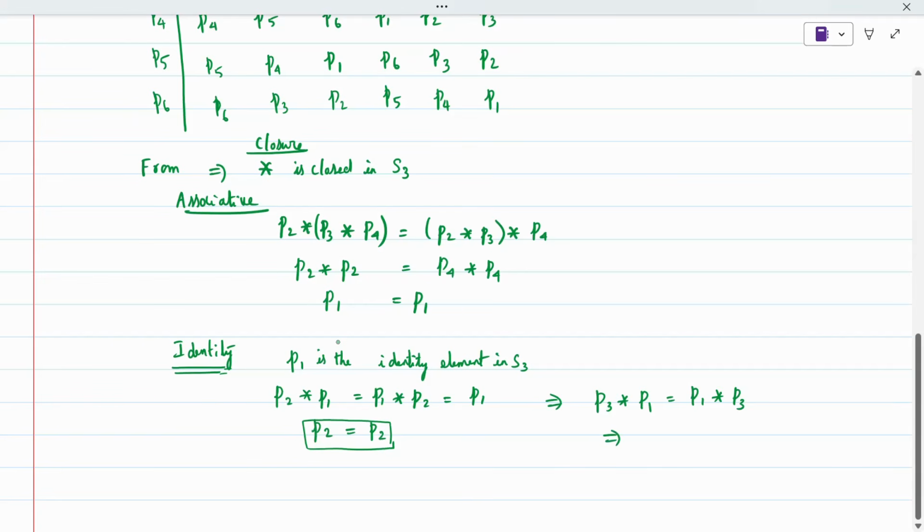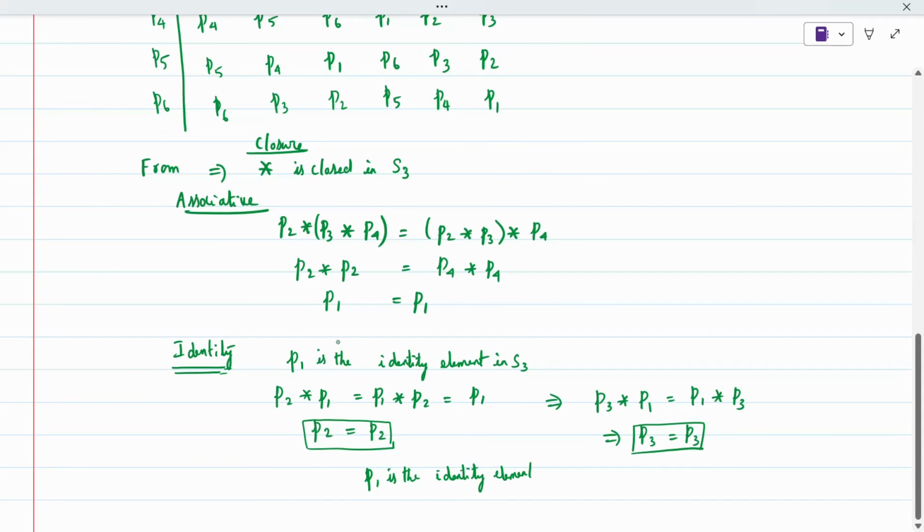When I check it, P3 into P1 is nothing but P3, and P1 into P3 is nothing but the same P3. So what is the meaning? Any element I multiply with P1, I am getting that element only. So P1 is the identity element, and it is satisfied for all the cases.